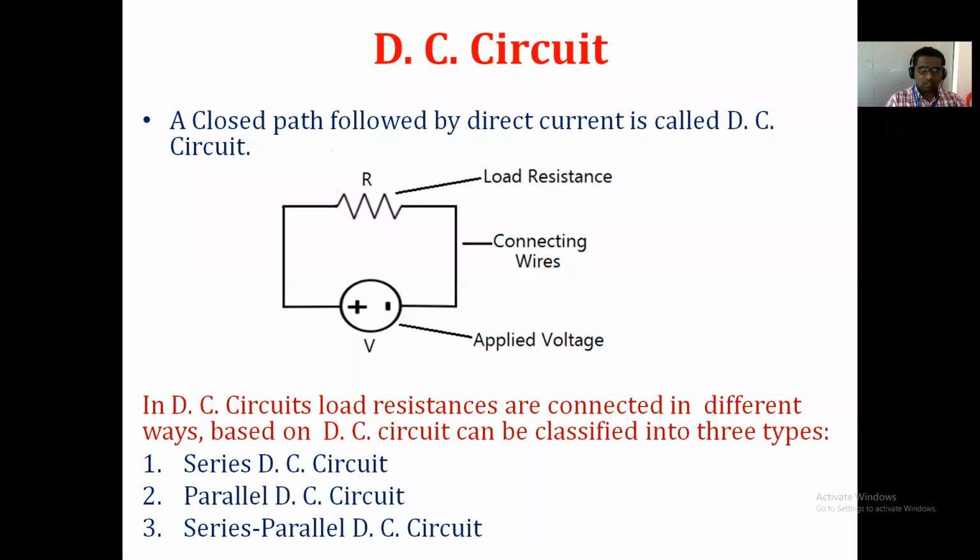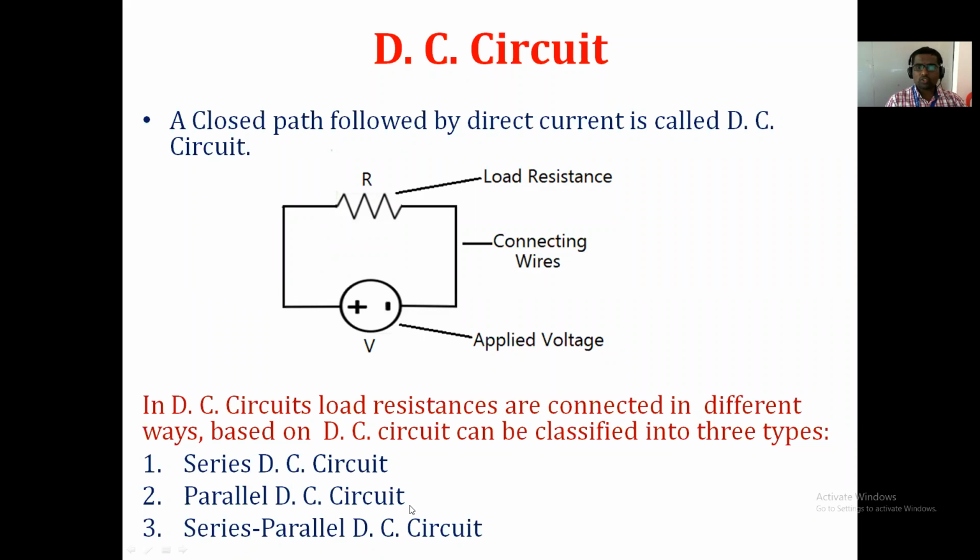At least you have the idea that these three types are based on how the load resistances are connected to one another. The simple thing is that if the resistances are connected in series, then this is called a series DC circuit.